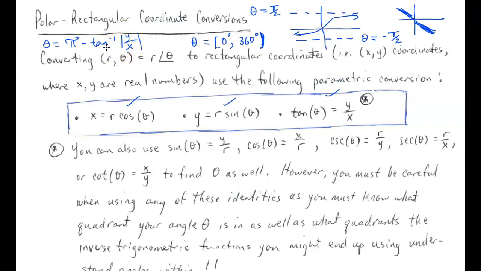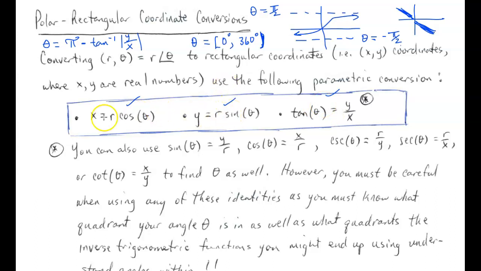I want to make sure that is clear before we move forward, because finding what x and y are in terms of polar coordinates is relatively easy, provided that we have the angle. But it's the angle that's a little bit tough sometimes.